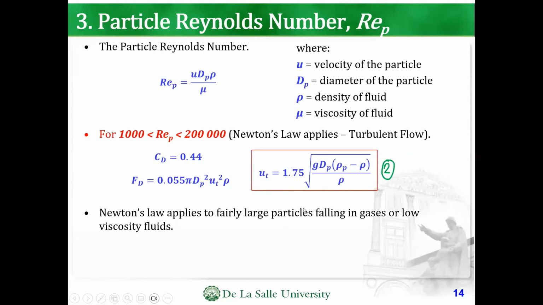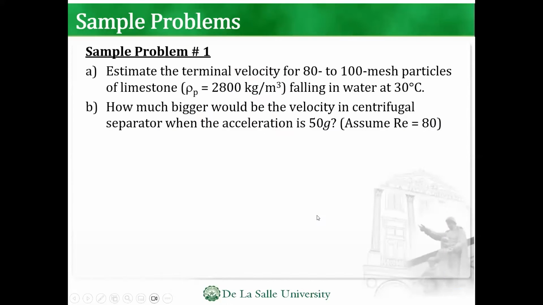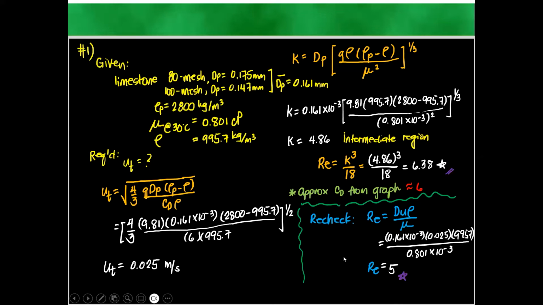You understand? So can I safely say that my answer here is acceptable? Yes, why? Because when I rechecked using D u rho over mu, my Reynolds number here, which is 6, and this one is 5, are in the same magnitude.